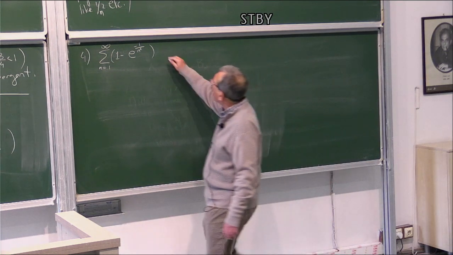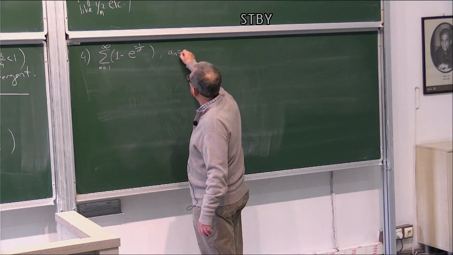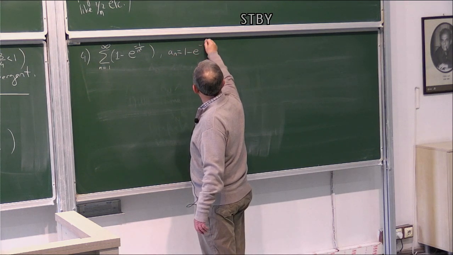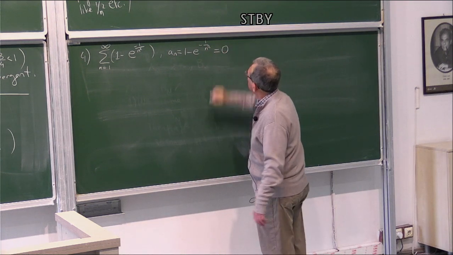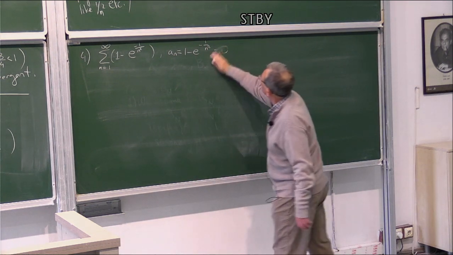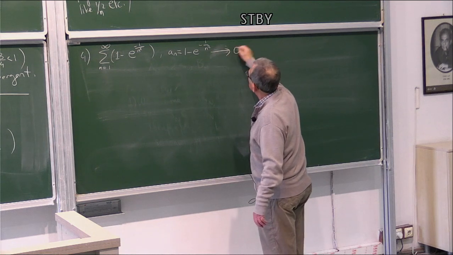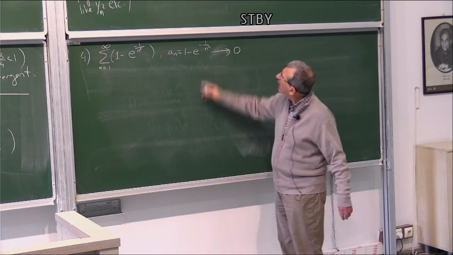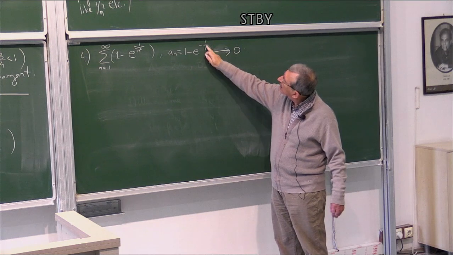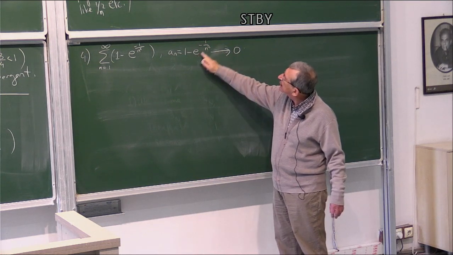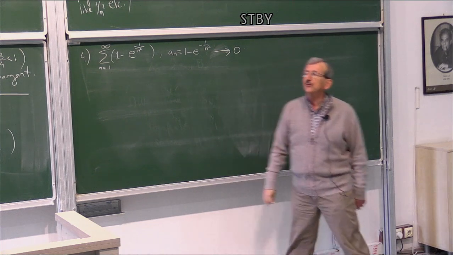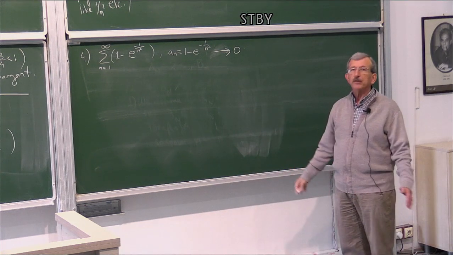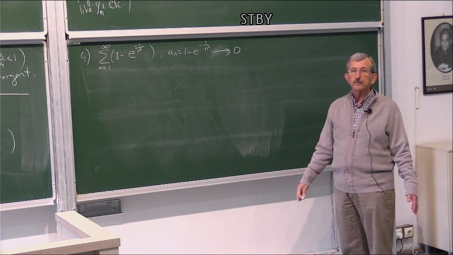Now, we likewise see that this limit is 0. Sorry, it goes to 0. Why? If n goes to infinity, okay, this exponential approaches e to the 0, which is 1. So the limit value is 0. So anything can happen. It can be convergent or divergent.